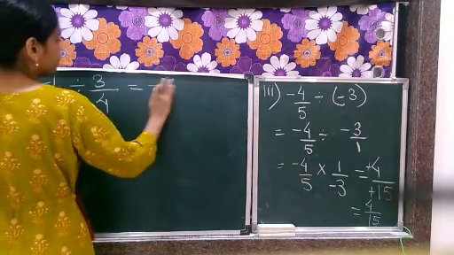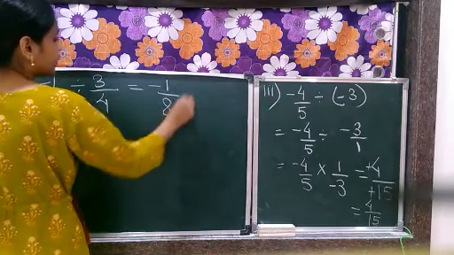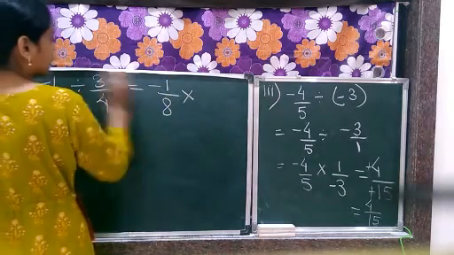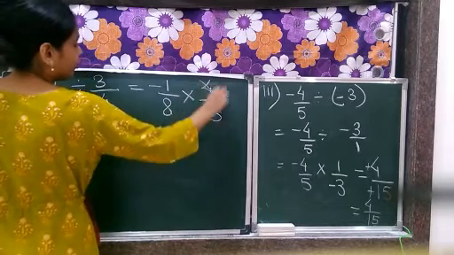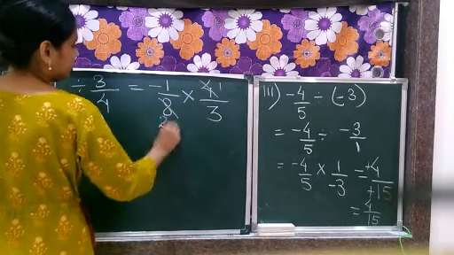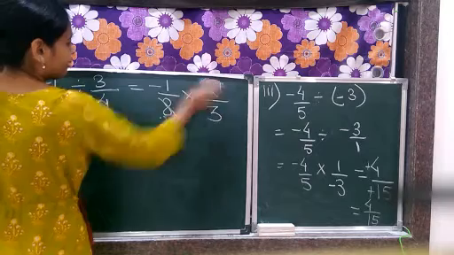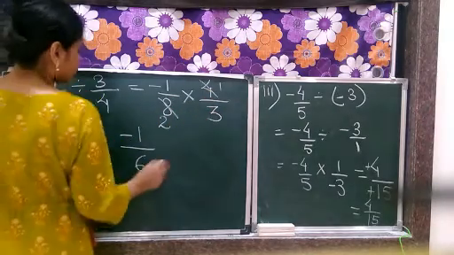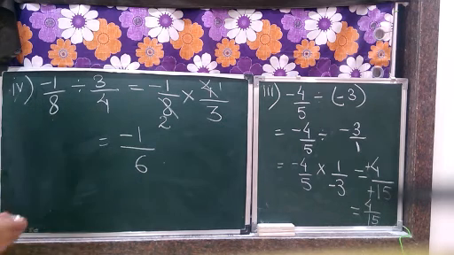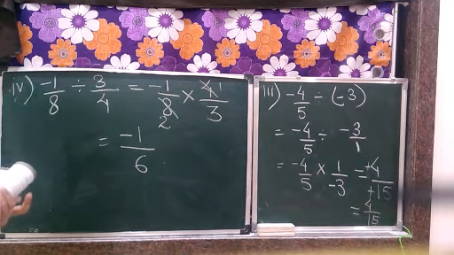So minus 1 by 8, division sign becomes multiplication and 3 by 4 becomes 4 by 3. Now 4 and 8 can get cancelled. So whatever is left, 1 ones are 1, minus 1 and 2 threes are 6. So the answer is minus 1 by 6. This completes the fourth one.